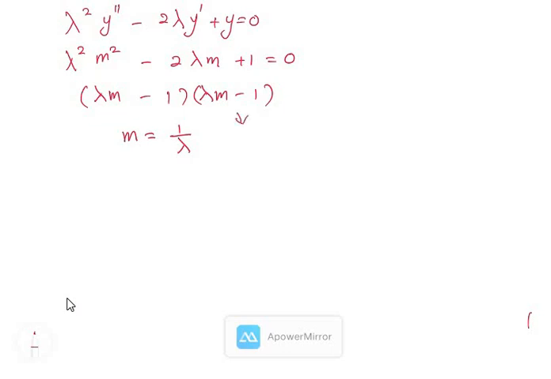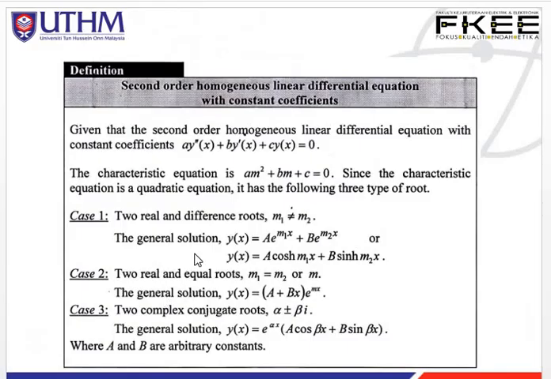And this one also m equal to 1 over lambda. So which case is this? Yes, this is case number 2, two real and equal roots.